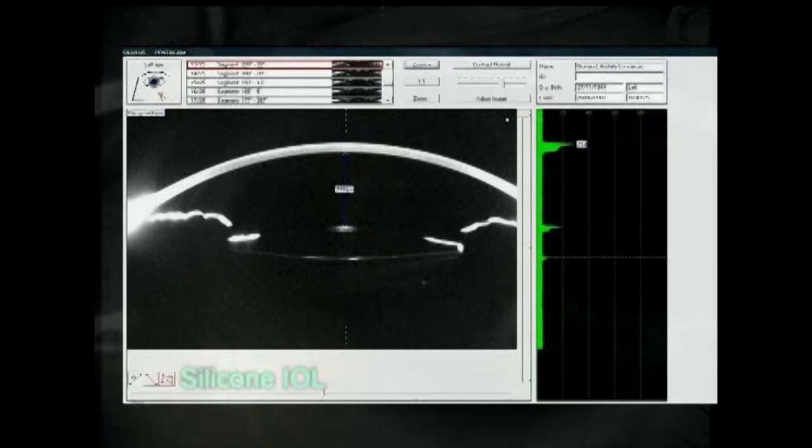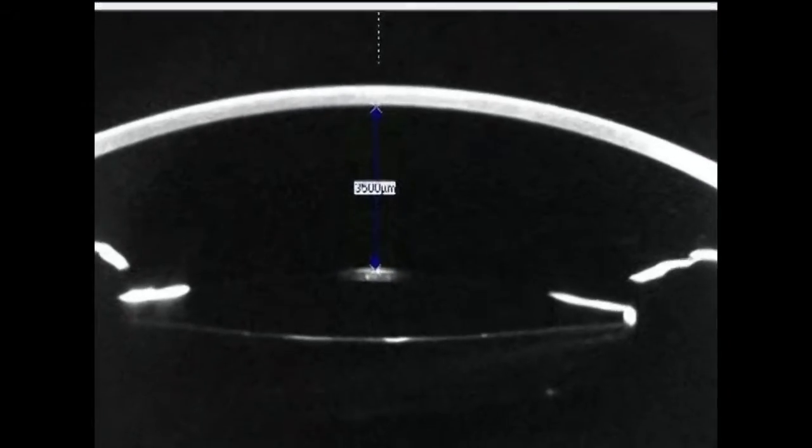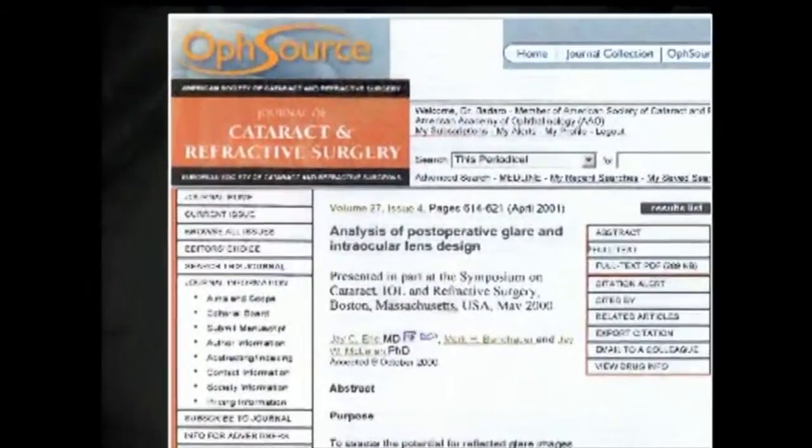In 2000, Erie and co-workers demonstrated through ray tracing models that an unequal biconvex design with a higher refractive index material like PMMA increased the relative intensity of reflected light at the retina 300-fold.